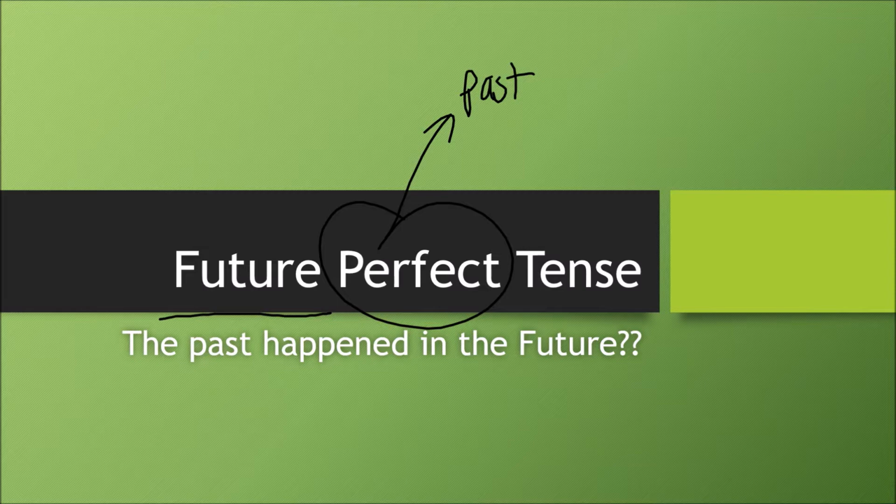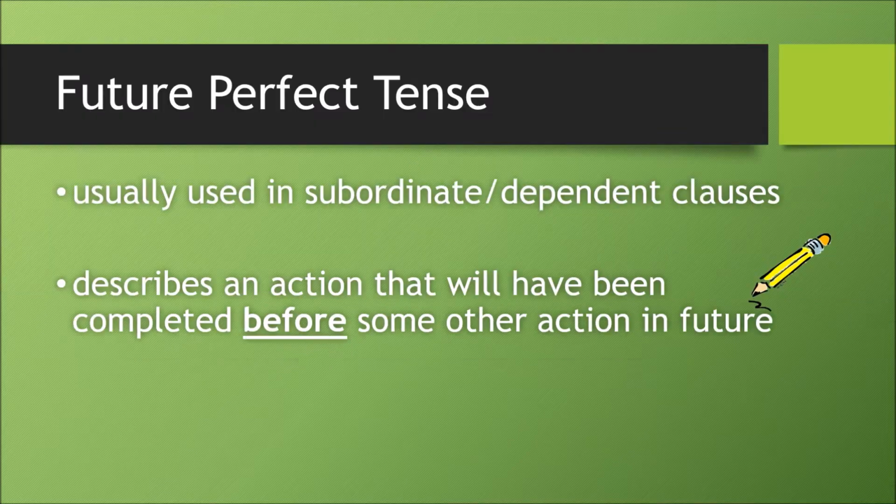I can positively feel your questions, discipuli. Let's take a closer look at the future perfect tense. Now, the future perfect, like the pluperfect, is one of those verbs that's usually going to be in a complex sentence with at least two clauses. And that's because it describes an action in the future, hence the name future perfect.